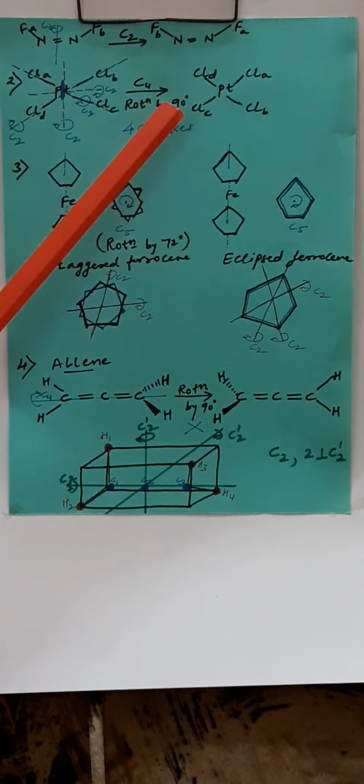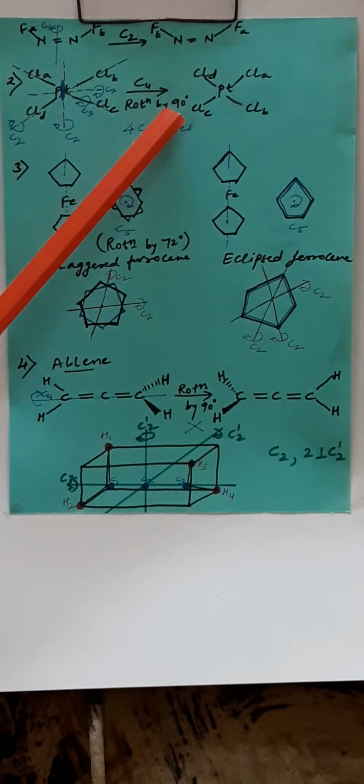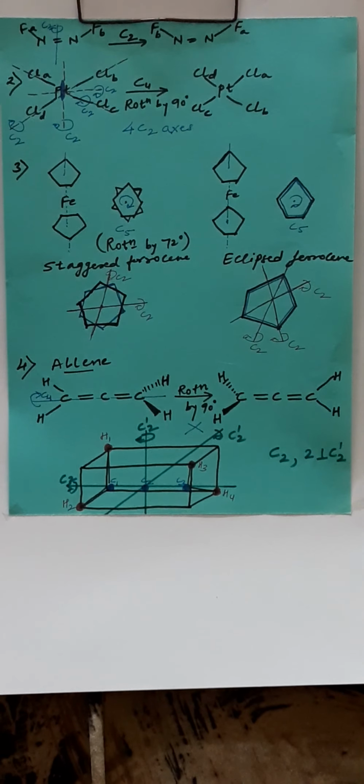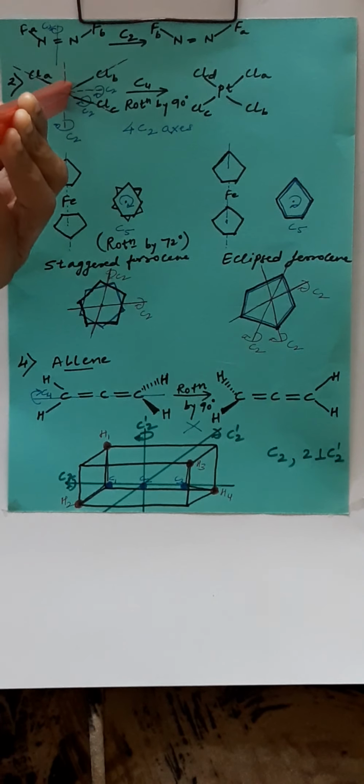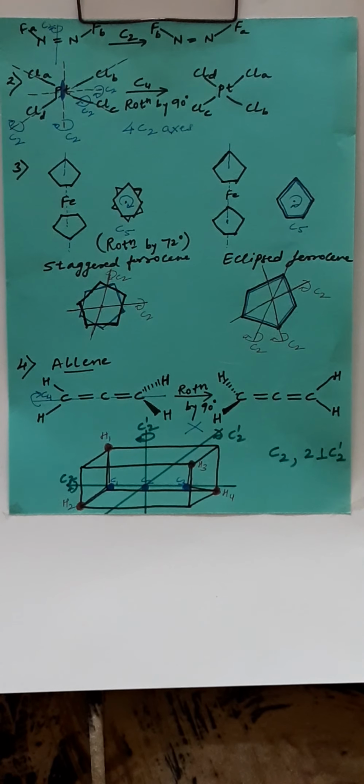So I am rotating the molecule by 90 degrees each time. Let us consider that the C4 axis of rotation is perpendicular to the plane of the paper passing through the platinum atom. I have specified here A, B, C, D. So when we are rotating it by 90 degrees, what will happen? Each atom will move by a 90 degree angle.